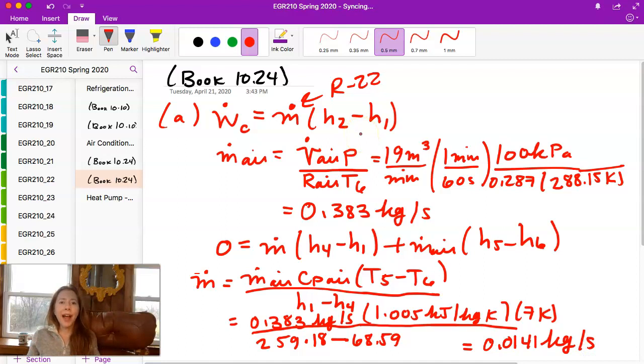Okay, so now we're finally ready to get the work put into our compressor.